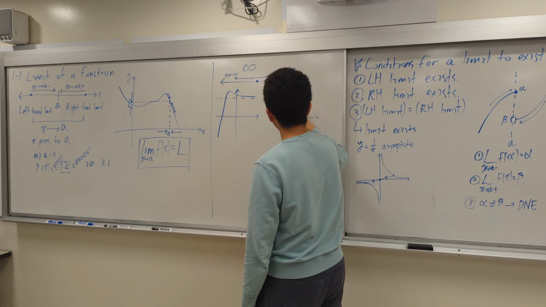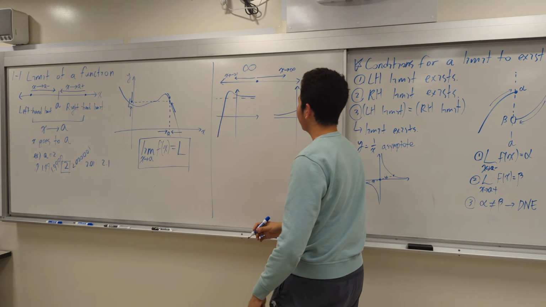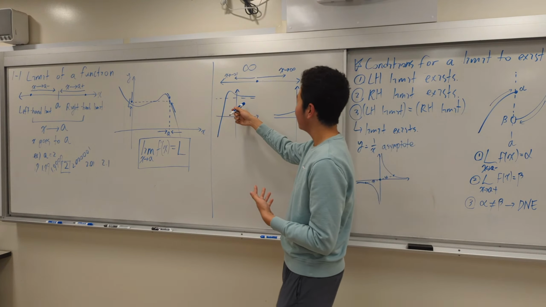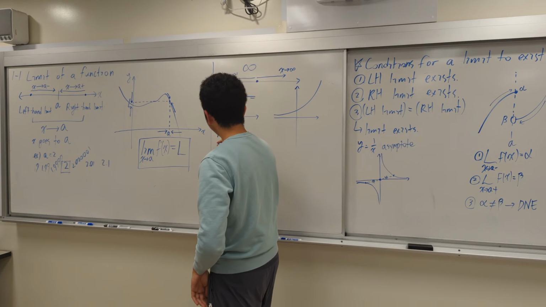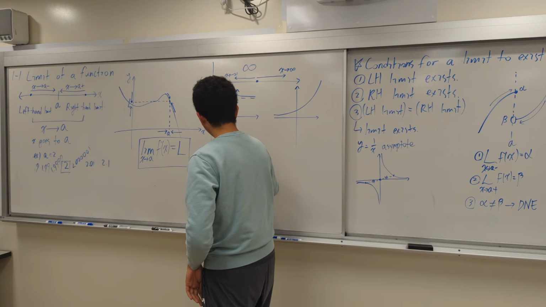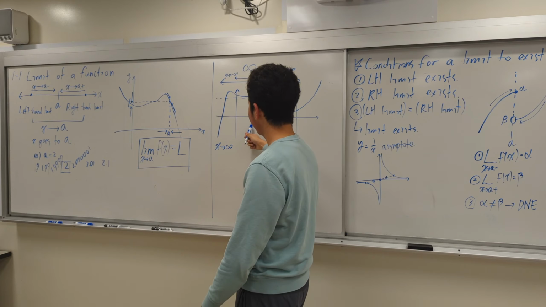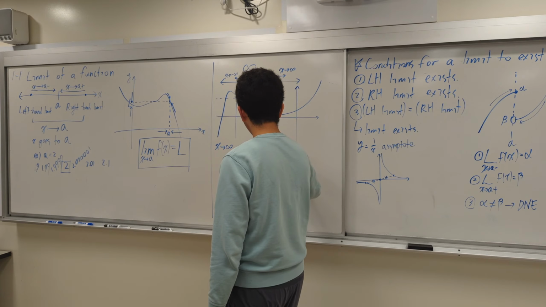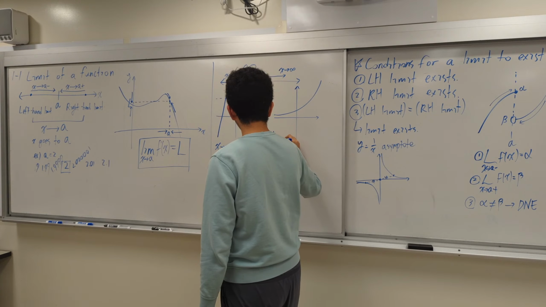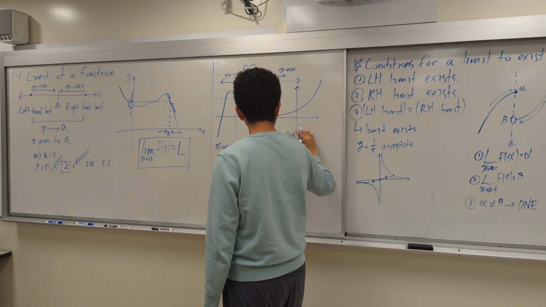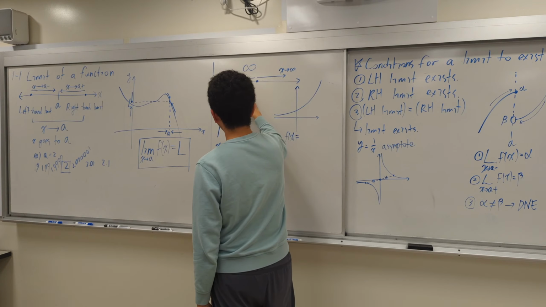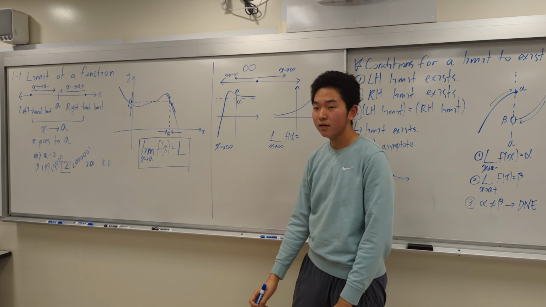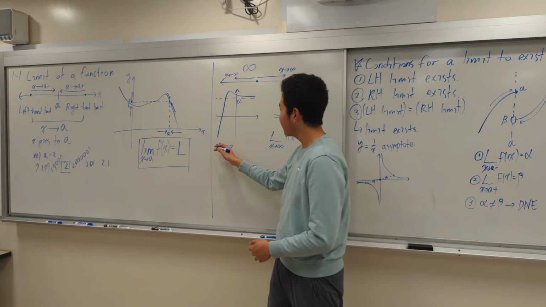This guy and this guy. Okay, which function, as x goes to infinity, does the limit exist for? What do you think? If I call this, I don't know, alpha? So x goes to infinity means what?